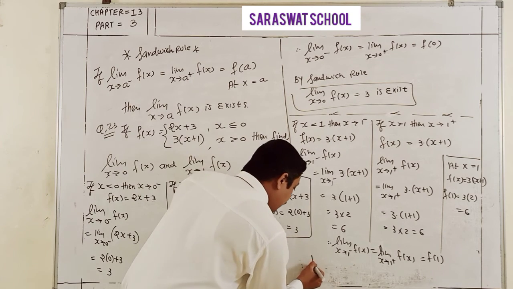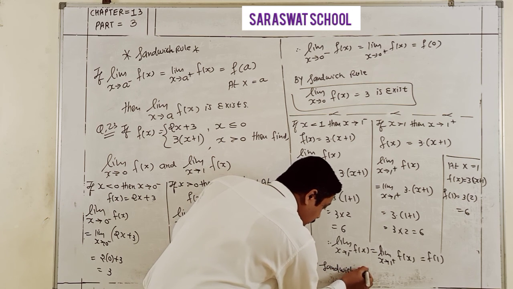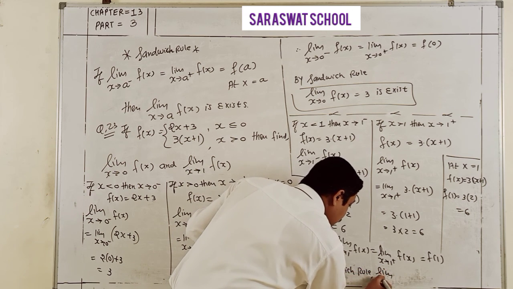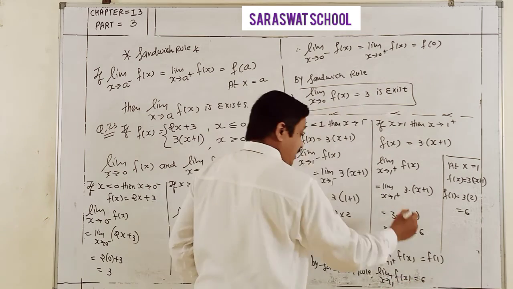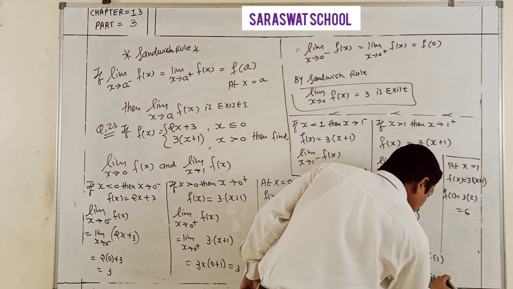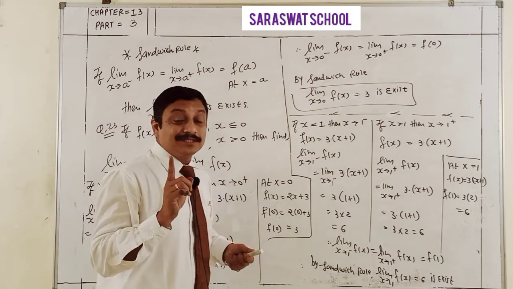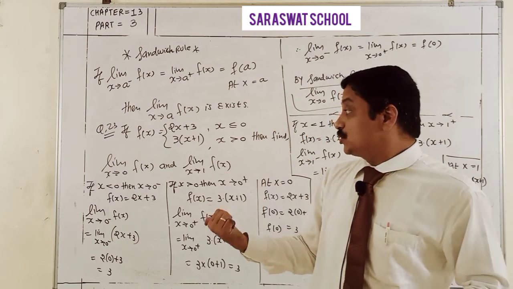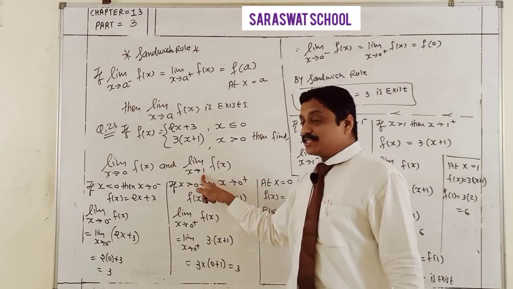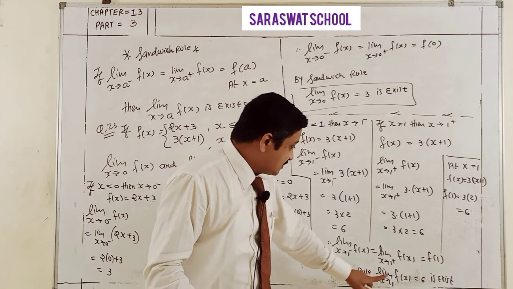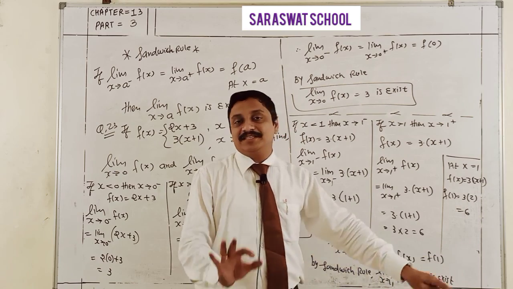So by the sandwich rule, limit x tends to 1 of f(x) is equal to 6, the limit exists. And here, students, for your question number 15, both case 1 and case 2: for x tends to 0 the answer is 3 and for x tends to 1 the answer is 6. Sorry, by mistake I said 3 here, and here 6 is happily done.